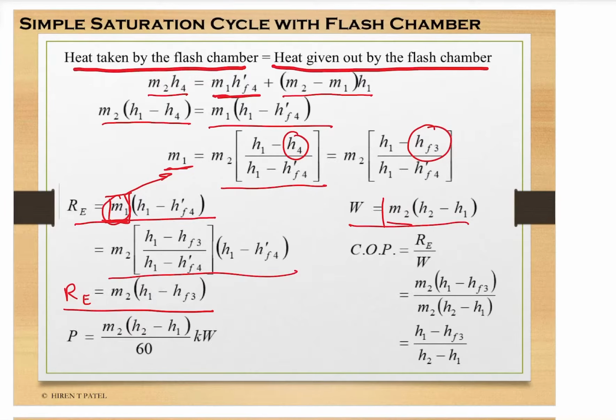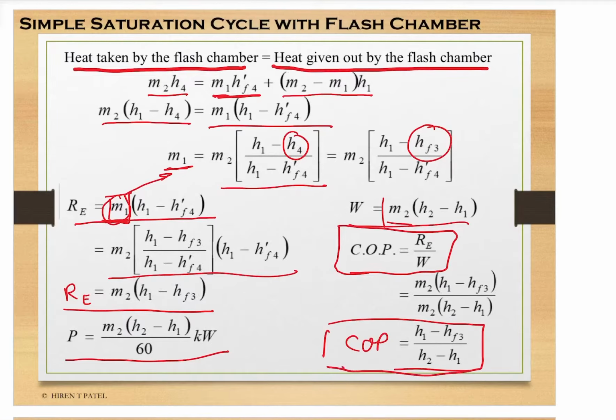Power can be calculated by W by 60, so M2 (H2 minus H1) by 60 kilowatt, and as we know COP is RE by W, so it is (H1 minus hf3) divided by (H2 minus H1). This way we can find out the COP of the system.